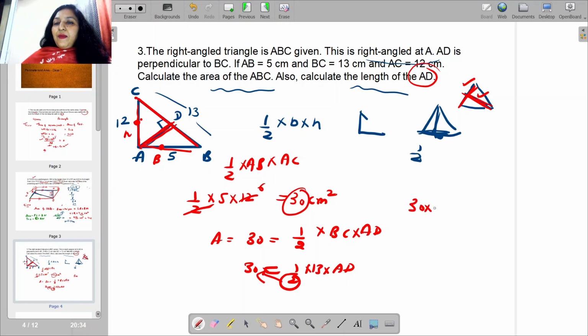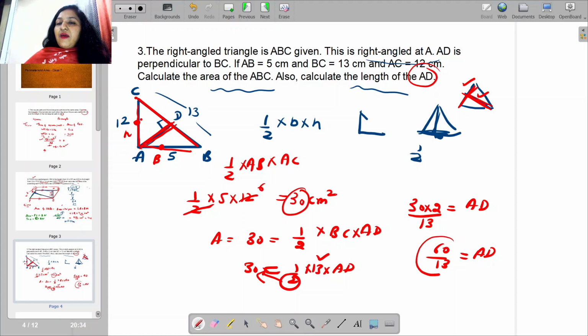So 30 multiplied by 2 is equal to 13 यहाँ मल्टीप्लाई कर रहा है, another side it will divide, that is AD. 60 divided by 13 is equal to AD. Now what you are going to do, just divide 60 by 13, whatever decimal number you are going to get, put a centimeter unit along with it, and that will be your answer.